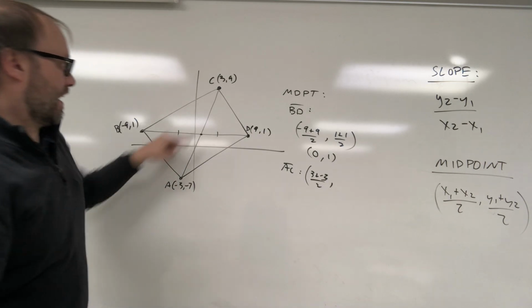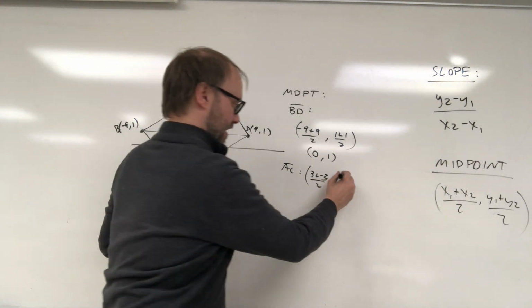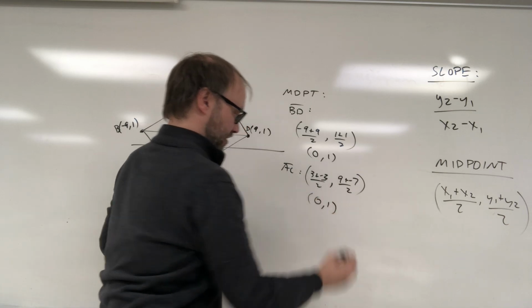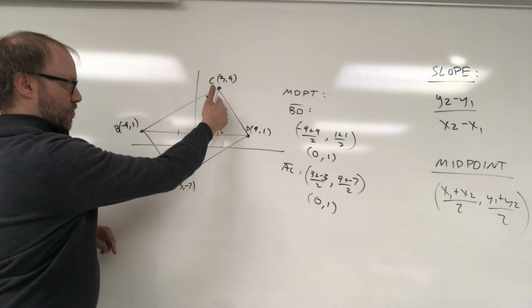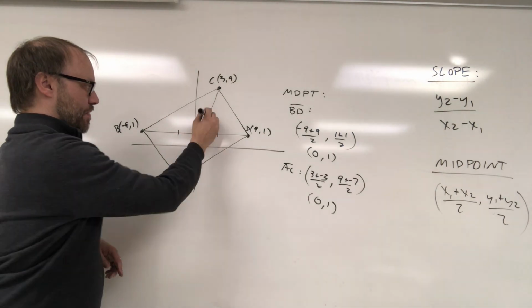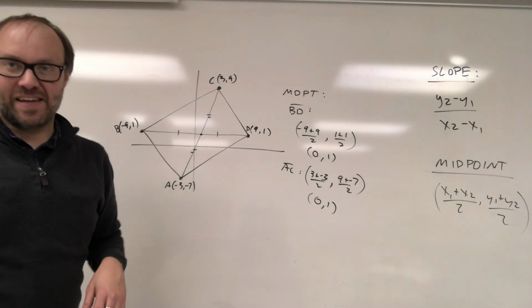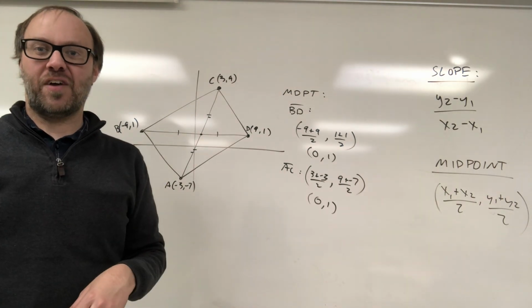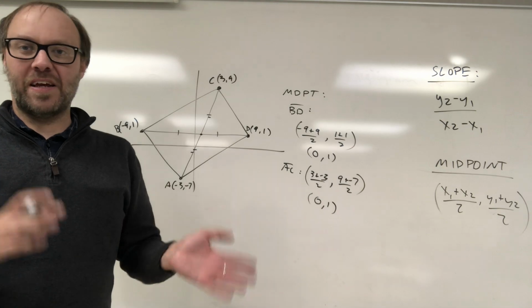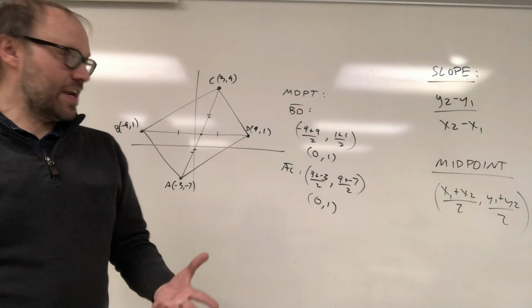And then I'm going to take 9 plus -7 and divide by 2. And I end up also getting 0, 1. So 0, 1 is the midpoint of that segment, and 0, 1 is the midpoint of that segment. Those diagonals bisect each other. This is some kind of parallelogram. So I don't have to worry about it being a kite. I don't have to worry about it being a trapezoid. I know it's some kind of parallelogram.